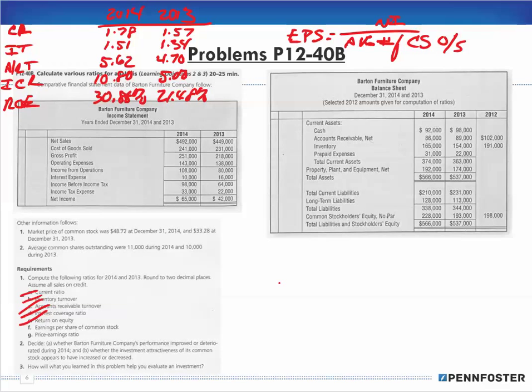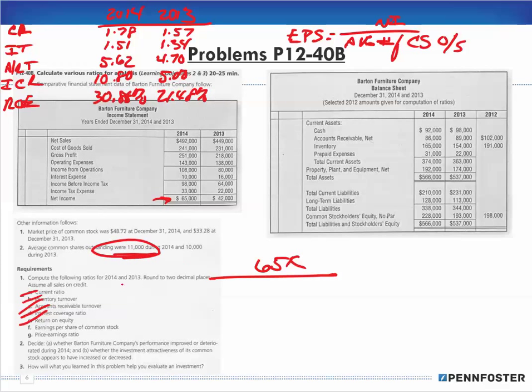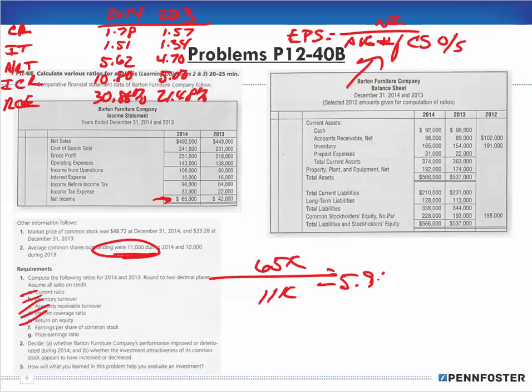So our net income is 65,000, and our average common shares were 11,000. Here's where I'm getting that number for our average number of shares of common stock outstanding. We were given that information. So 65,000 divided by 11,000 is 5.91.